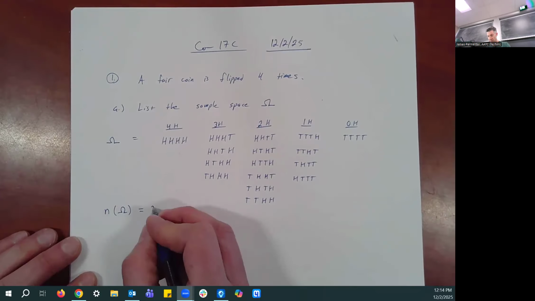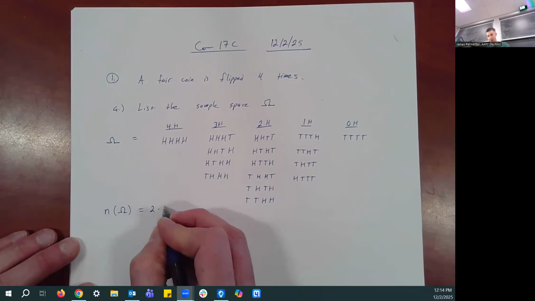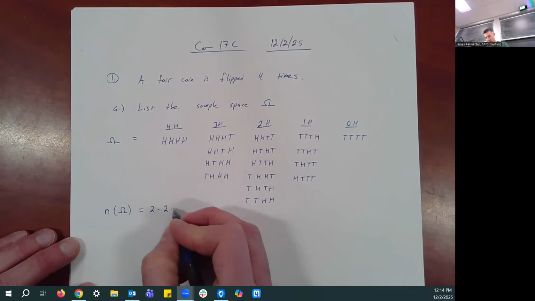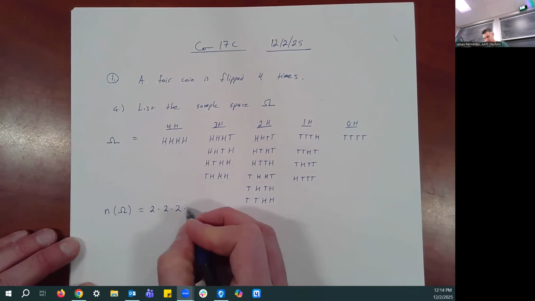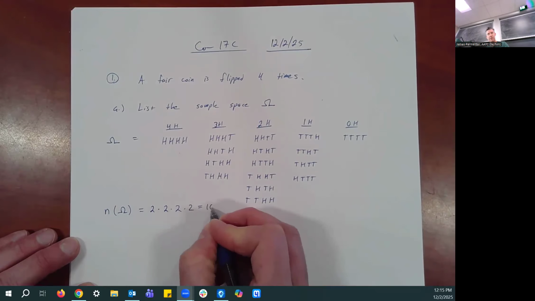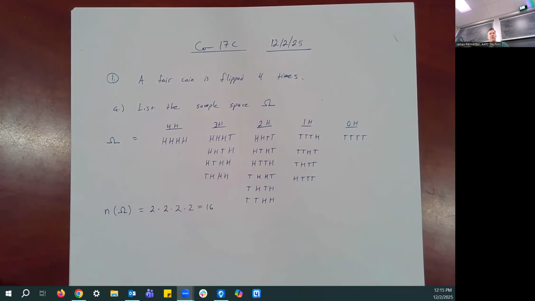So there's 2 outcomes for the first flip, times 2 for the second, times 2 for the third, times 2 for the fourth. Look, 16, the number of total outcomes we found. So if we weren't asked to list the sample space, we could just count and say there are 16 possible things that can happen.